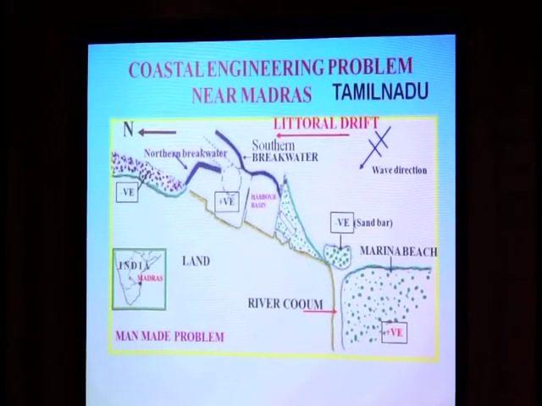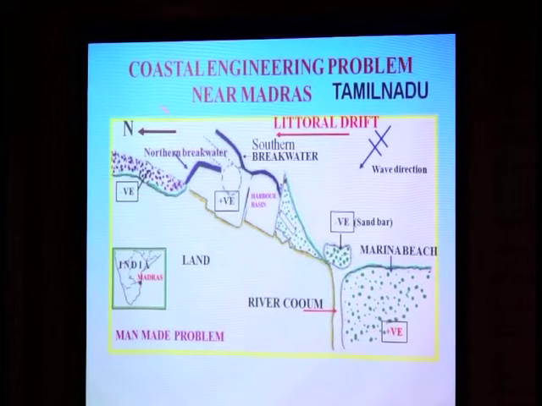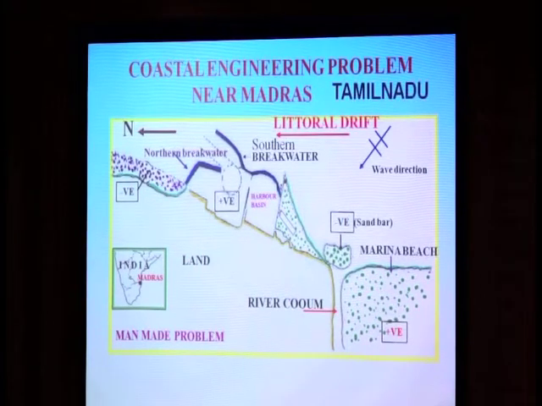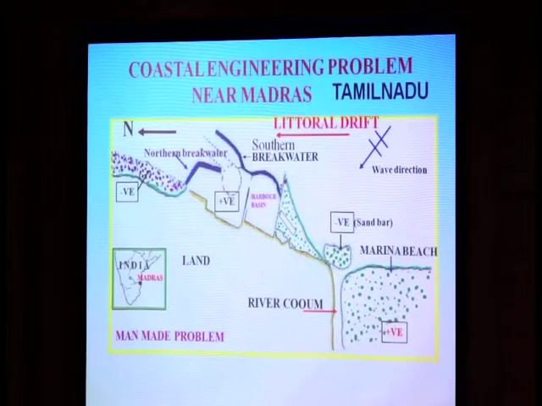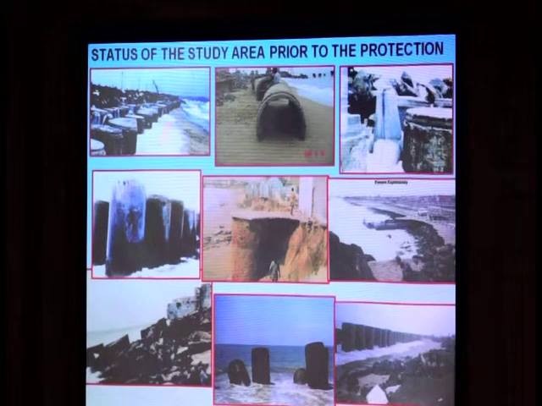We have been talking about this for more than 5-6 decades, and this has also resulted in erosion. Please recollect the earlier slide wherein I explained the physical phenomena of what happens. So now this is the area which has been eroding and which we needed to control.